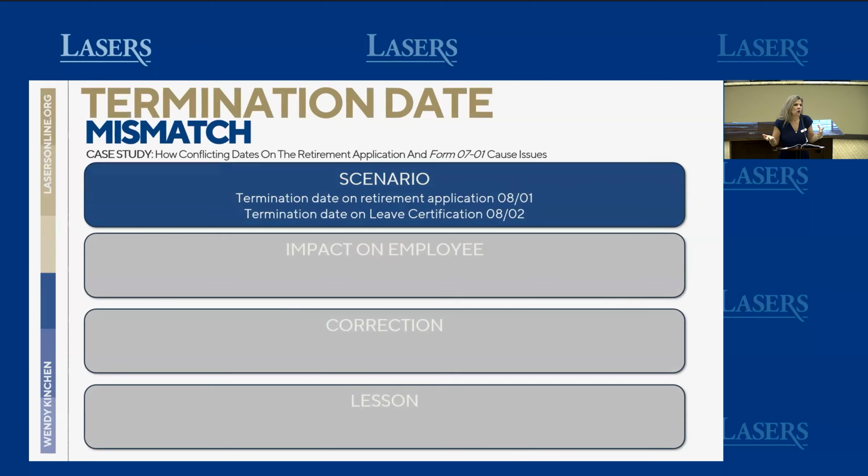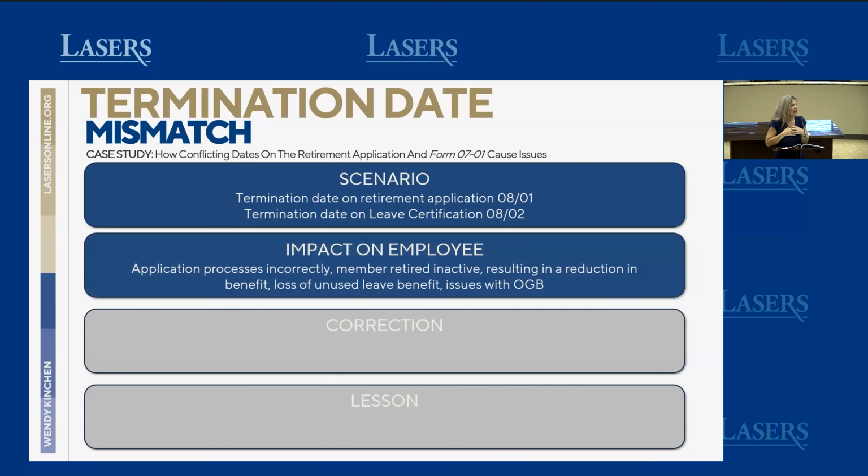One last example before I wrap up: we did have an agency submit an application with an August 1 termination date. That certification of leave had an August 2 termination date. That's a day apart, which means there was a separation between the dates, right?